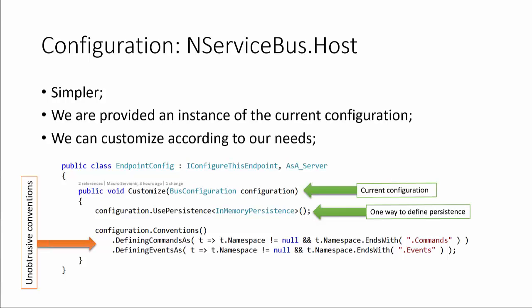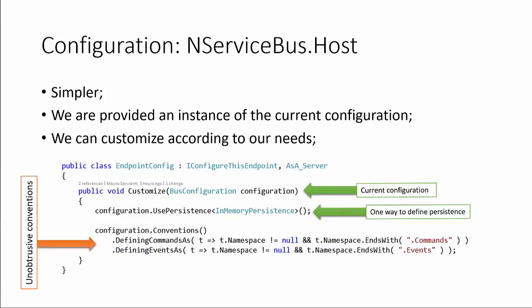And in this sample, we are going to ask the endpoint to use the in-memory persistence as a persistence. And we will use generics to define quite anything on the new configuration, explaining to the configuration what transport we want to use and which persistence type we want to use, all in this manner.